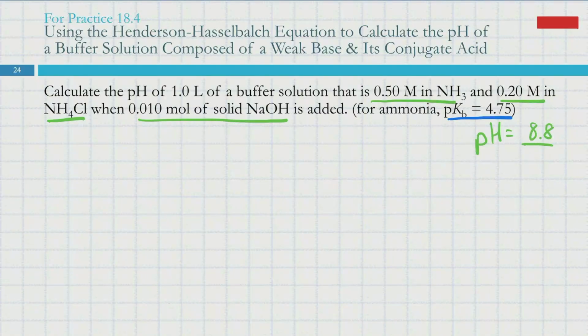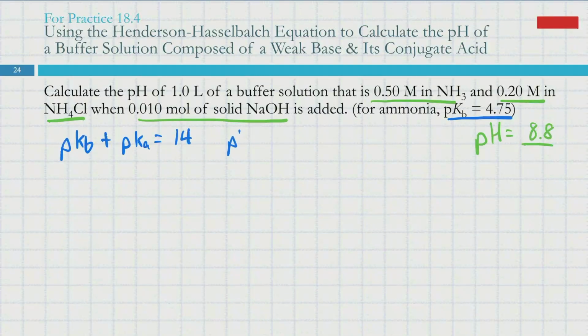What I did to start the problem is I took the pKb and turned that immediately into pKa. pKb plus pKa equals 14.